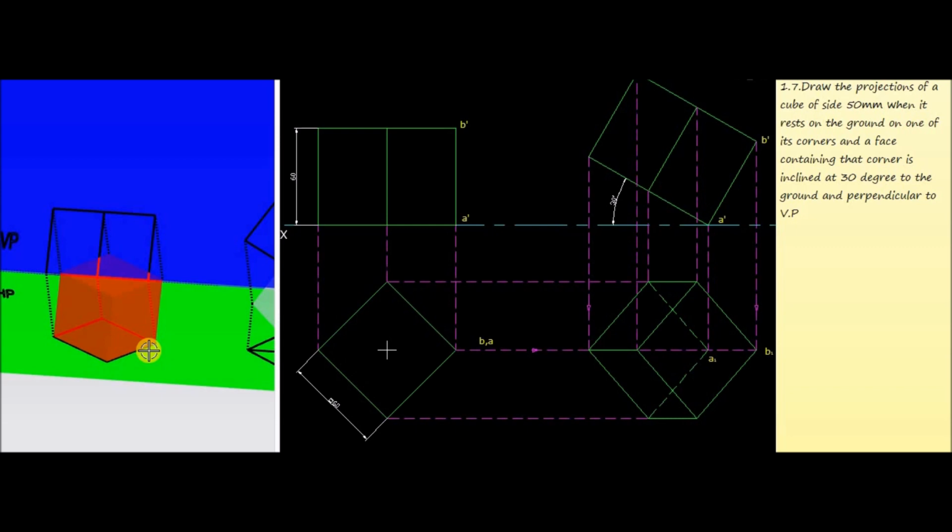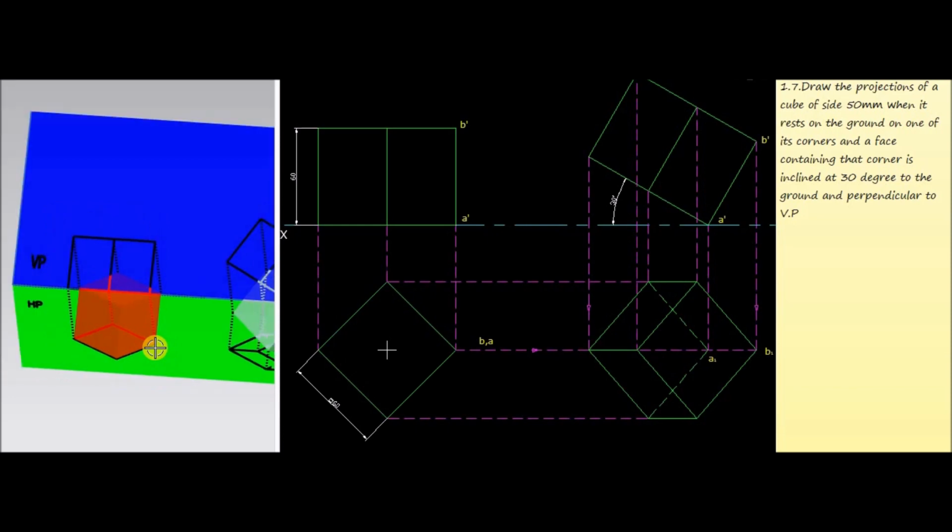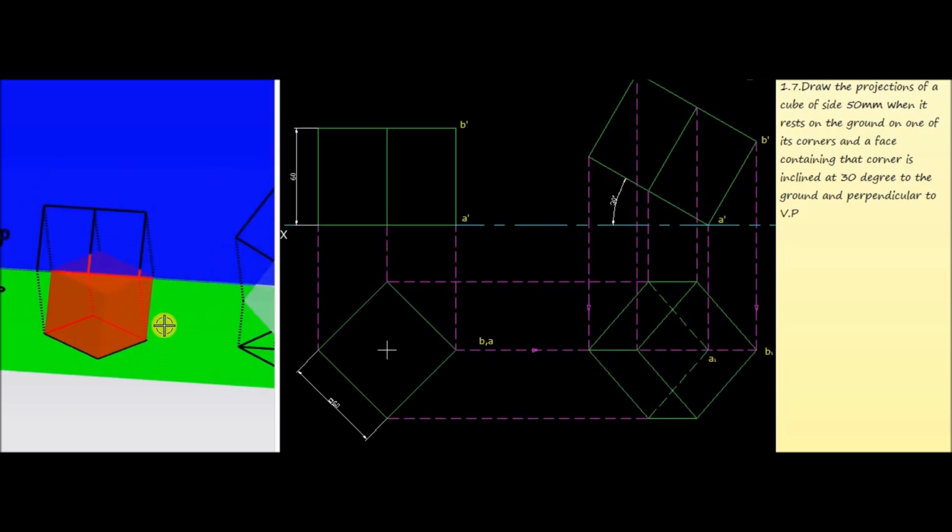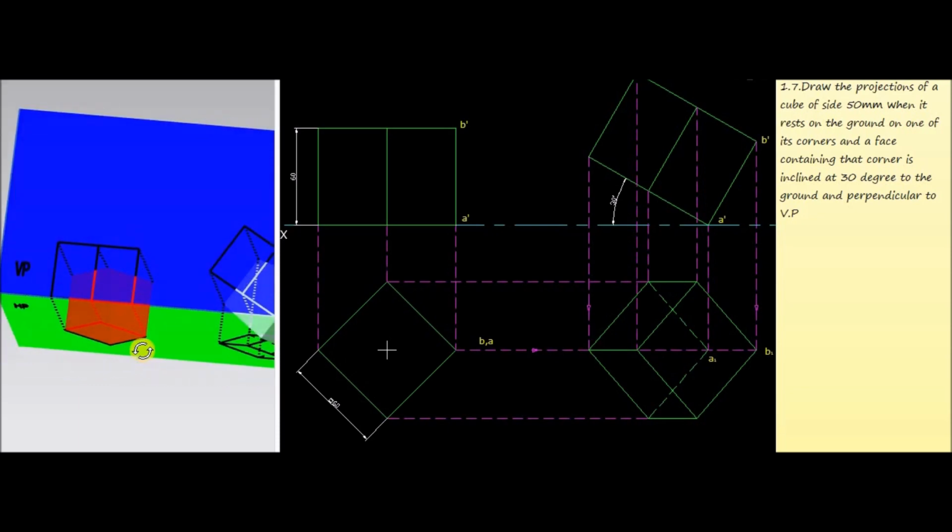Now we have to tilt the cube with respect to the point A, and that makes an angle of 30 degrees to the ground or the horizontal plane, and the face containing that corner is perpendicular to the vertical plane.